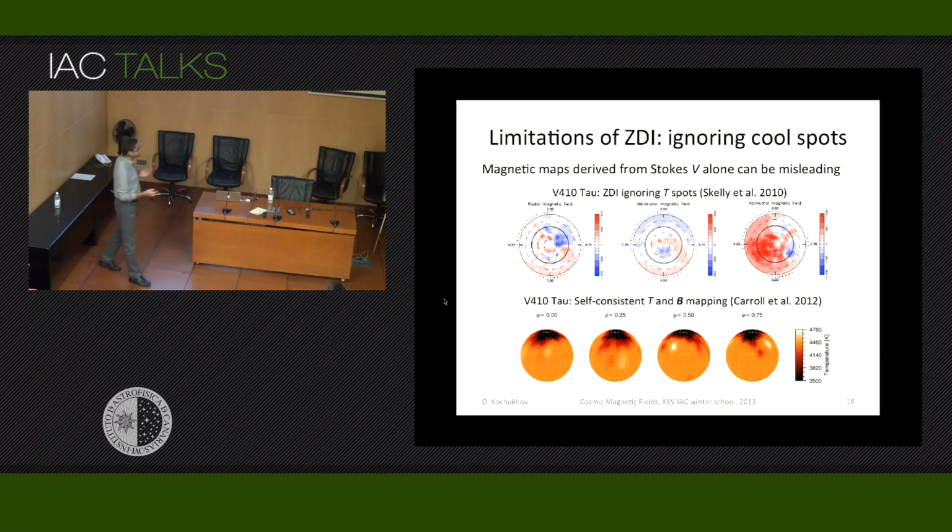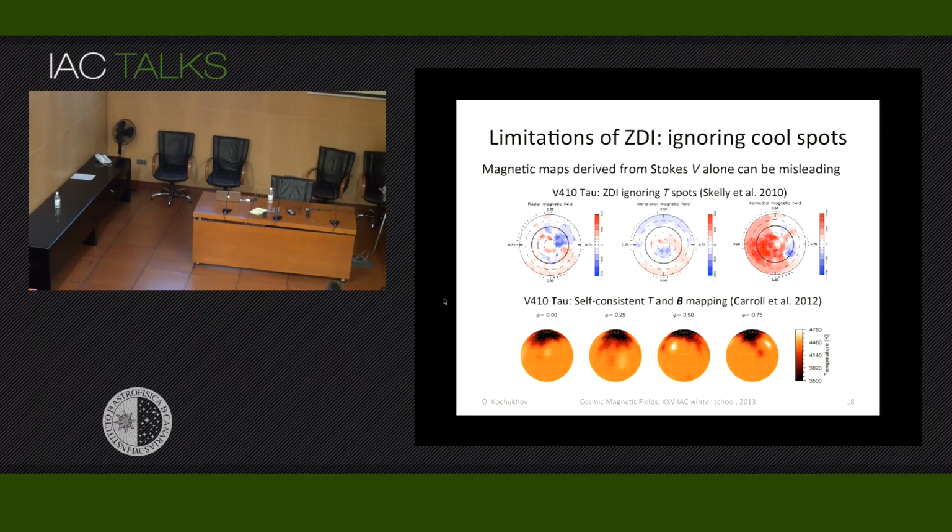And maybe this is exactly the reason why there is no clear correlation between cool features and magnetic field features. So what I'm showing here is perhaps one of the most extreme examples of disagreements of magnetic imaging for the same star.